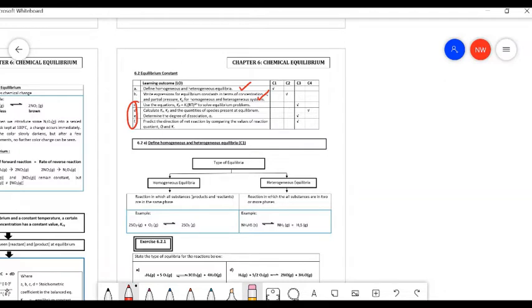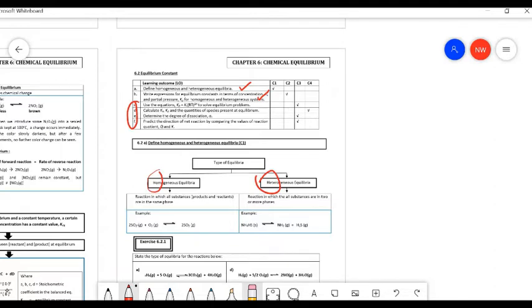So apakah homogeneous and heterogeneous equilibrium? Kalau kita tengok homo maksudnya sama, hetero maksudnya berbeza. So kalau homogeneous equilibrium adalah reaction in which all substances, maksudnya produk dan juga reactant tu adalah same phase. Kalau tengok example yang diberi, SO2 phase-nya gas, oxygen phase-nya gas, SO3 phase-nya adalah gas.